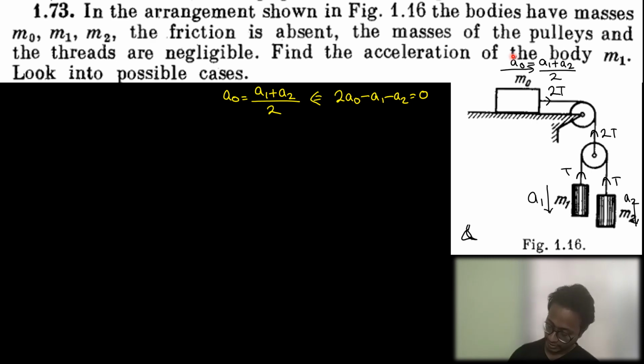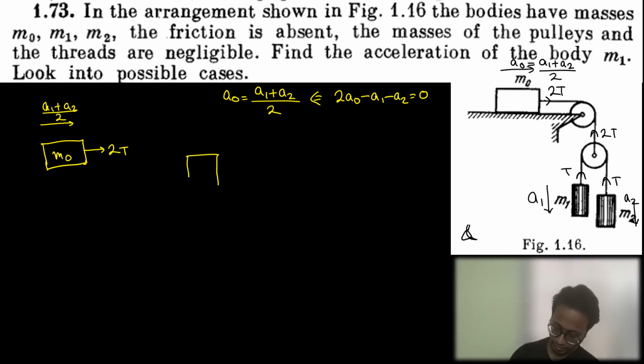And all the accelerations I'm drawing are from the frame of reference of ground. Now let's draw the free body diagram. Block mass m0 is moving with acceleration (a1 plus a2) divided by 2, and out here force is 2T.